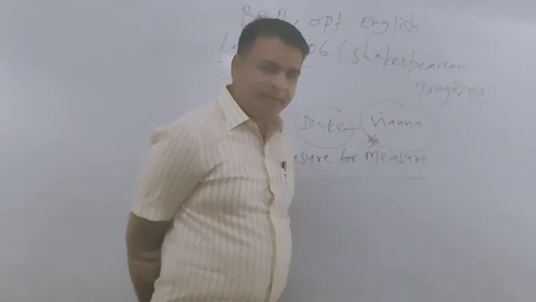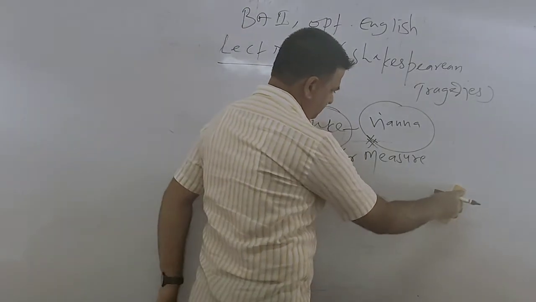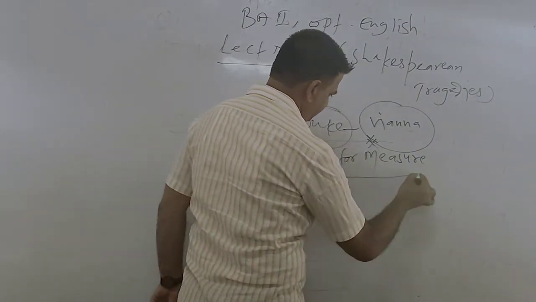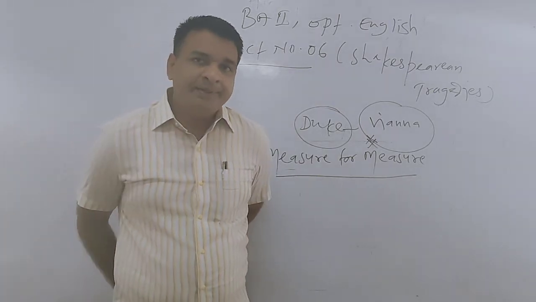When the Duke of Vienna was ruling his kingdom, everyone was happy. But what happened?